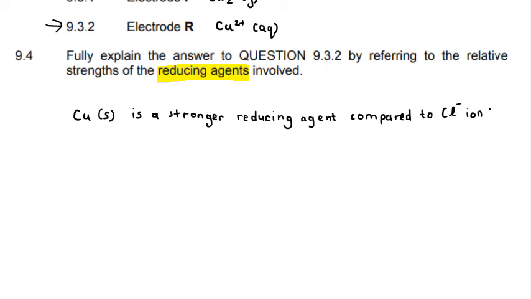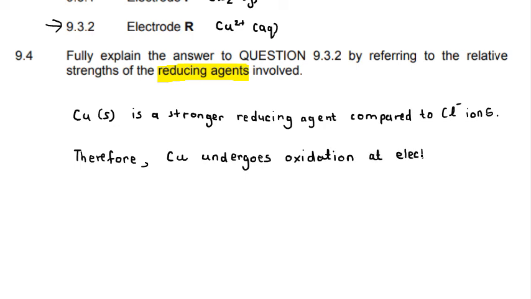Therefore, you know the strong always win, so instead of the Cl minus ions undergoing oxidation, the copper undergoes oxidation at electrode R, to give Cu 2 plus ions as a product.